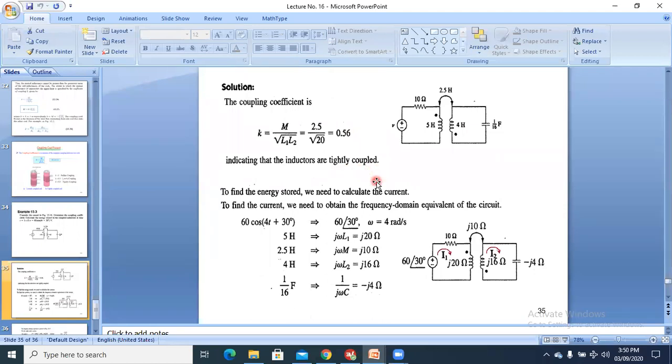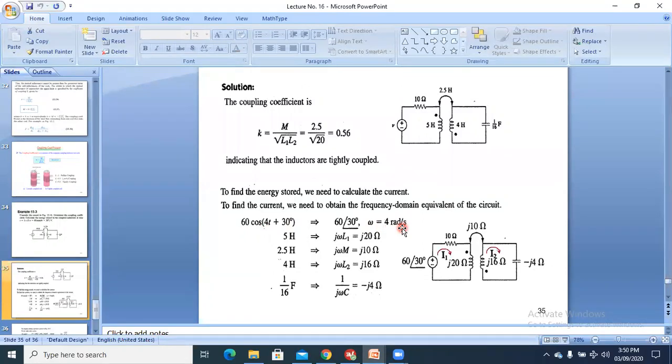Now the value of omega in this circuit is 4 because it is omega t, and omega is equal to 4 here. So we take omega equal to 4 radian per second.